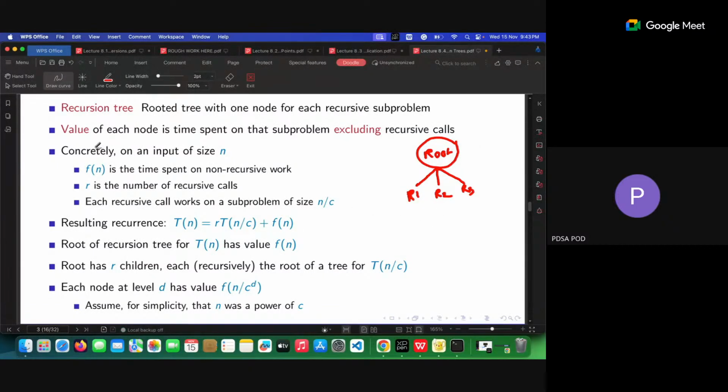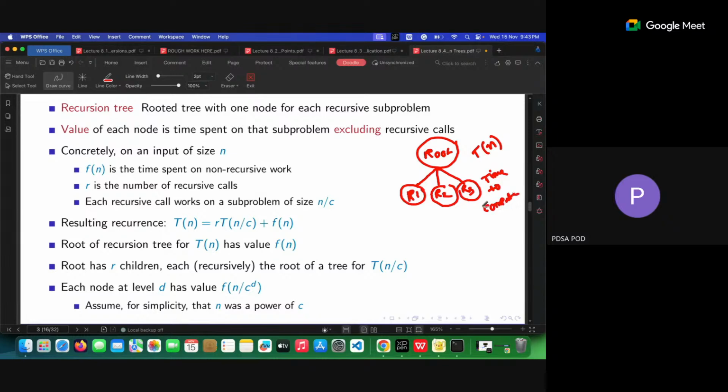One thing you should understand is what value each node returns, because the recursion tree represents the asymptotic notation or complexity required. The value returned by R1, R2, and R3 is the time spent to do that work.